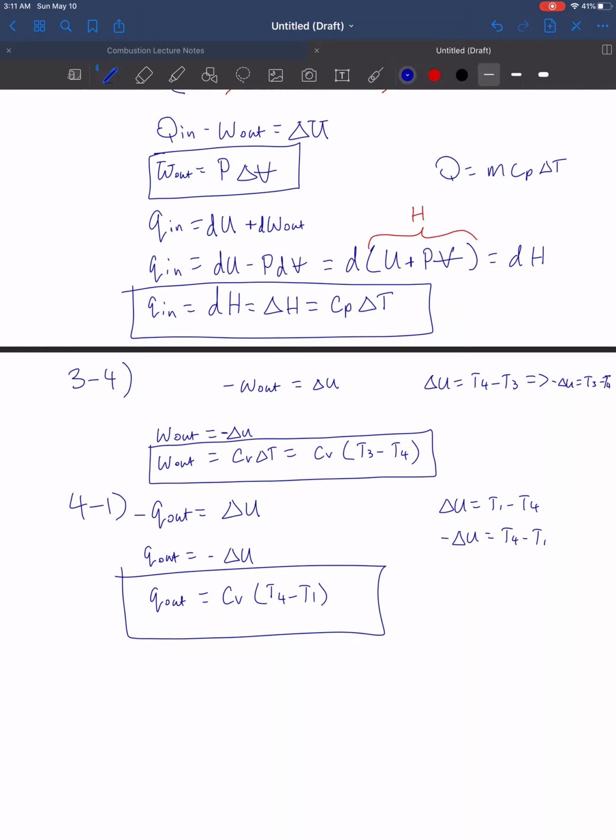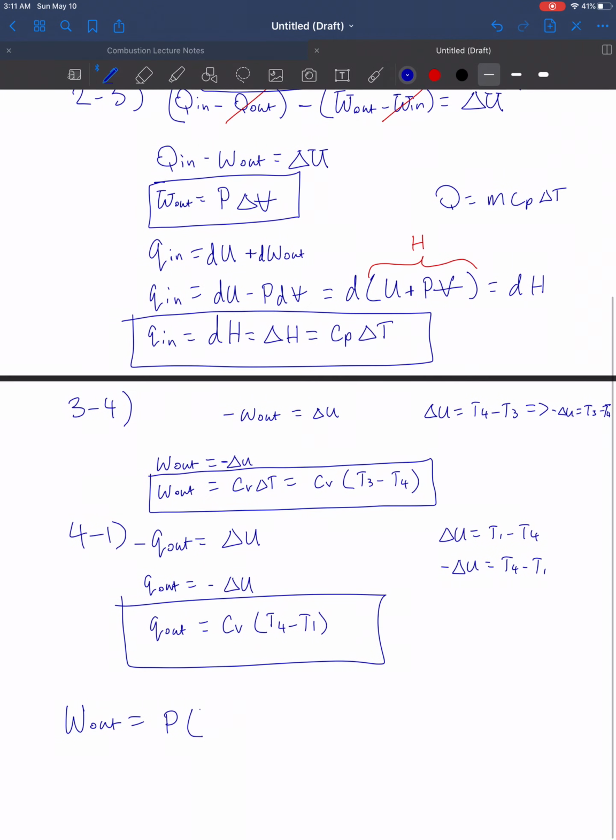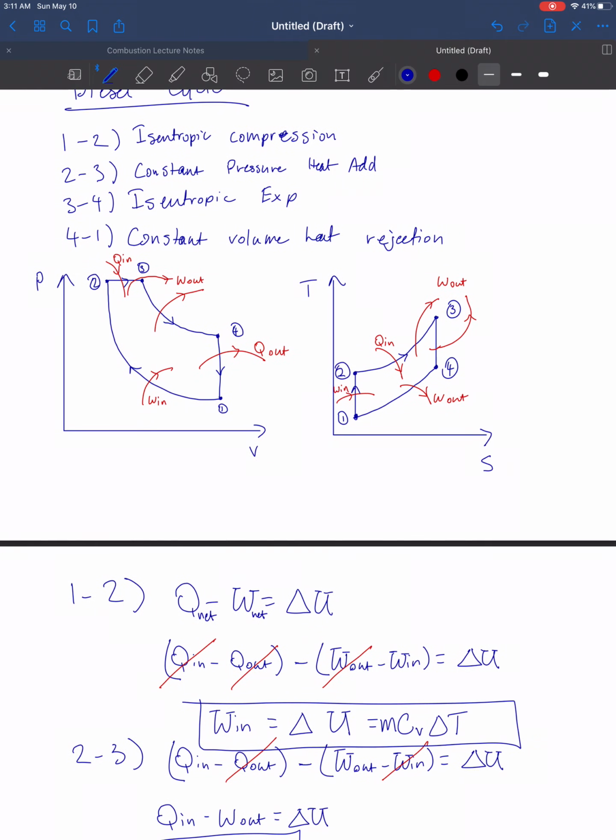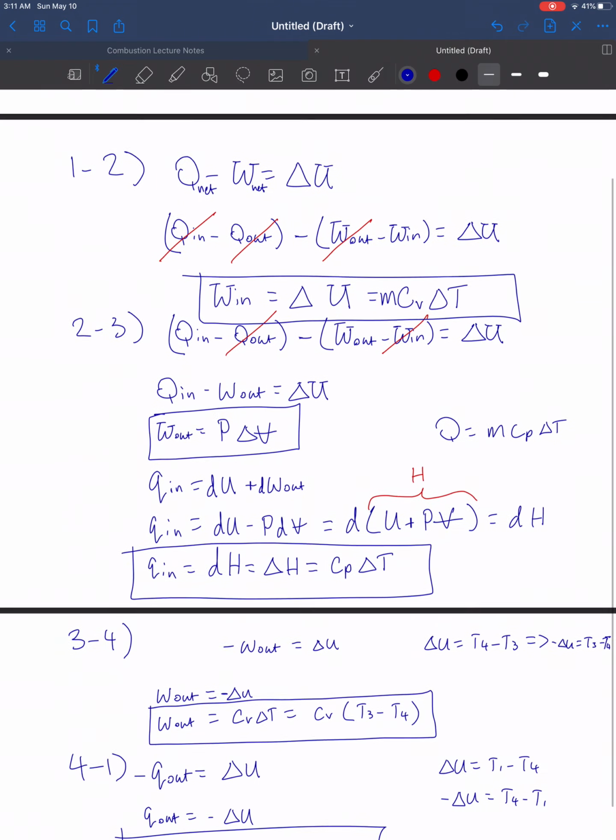So now let's say they ask me for the total work out, right? And I'm just going to say specific work out. I'm going to say that that's my P times V3 minus V2, right? And I can always go back and double check. My V3 is bigger than my V2, right?